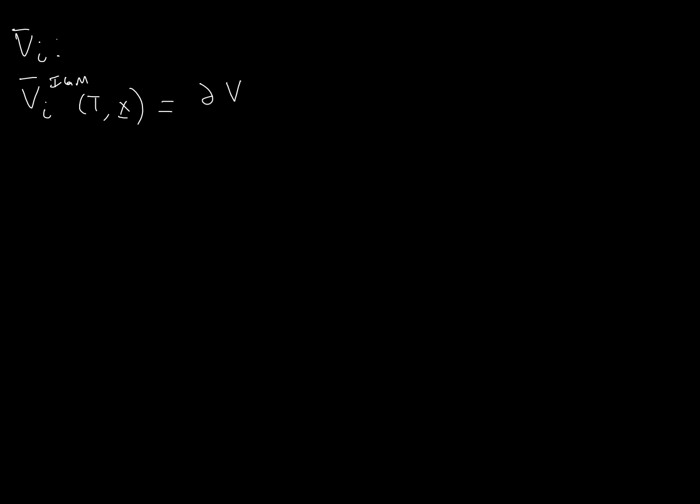So we can write this as dV of an ideal gas mixture at constant temperature, pressure, and also all the other n's being held constant.